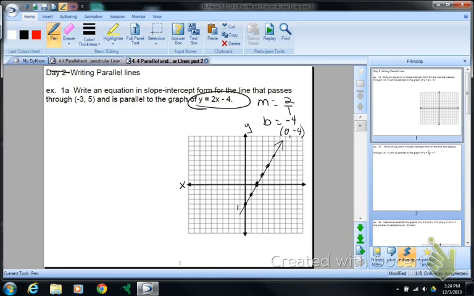Now, we have to come up with an equation that's going to go through this point, negative 3, 5, that is parallel. So parallel means we use the same slope. What is the slope of this equation? It's 2. So we're going to use that slope. So we're going to plug it into the point-slope formula.